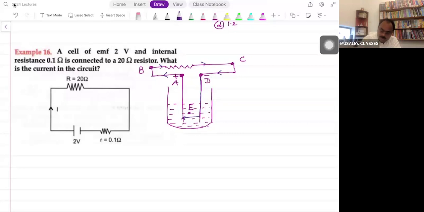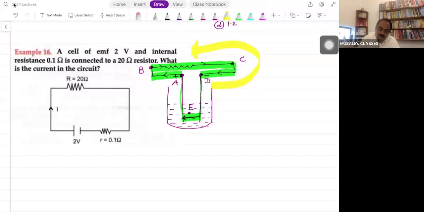Sorry, the current will be flowing in this direction. Current direction will be from this, like this, then it will come to this side, then go to this side and this. So green will give you the direction of the current, whereas opposite to that will be the direction of the electron.